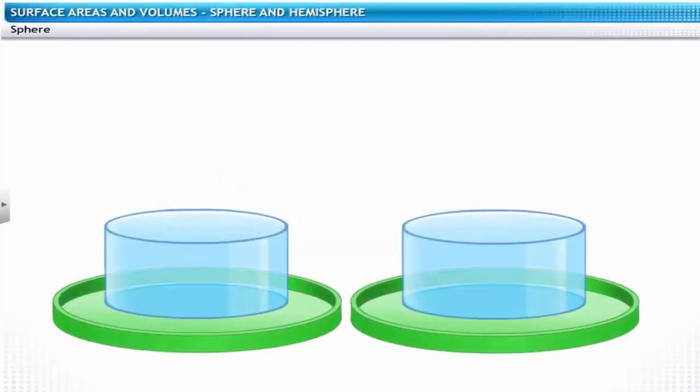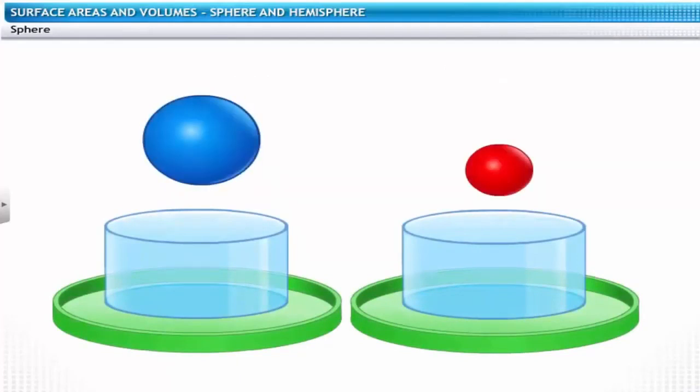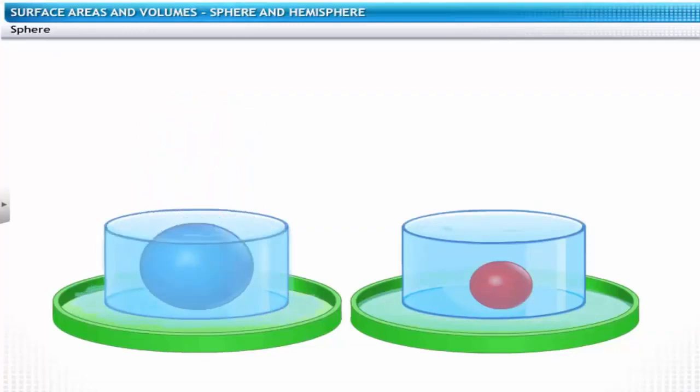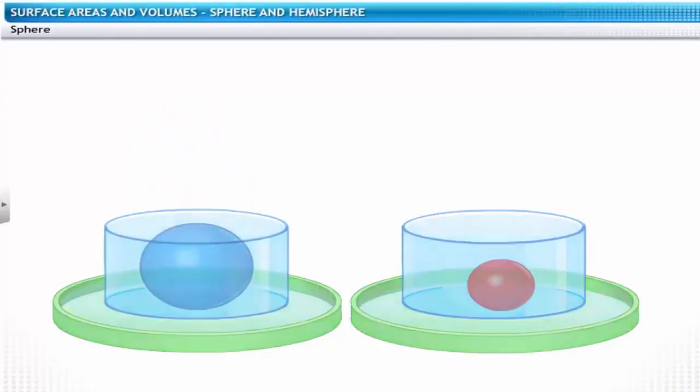Here are 2 containers of same size, filled with water to the brim. Immerse the red ball completely in the container. As you can see, the water overflows. Let's collect the water and keep it aside. Then, immerse the blue ball completely in the other container.